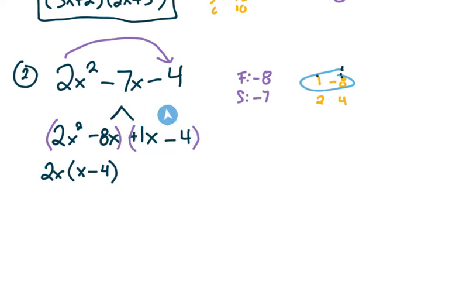Now when I look at my greatest common factor from my second parenthesis, the biggest number that goes into both 1x and 4 is 1. And since the 1x here is positive, I'm going to factor out a positive 1. You're basically going to take the sign of whatever this first one is. If it's positive, you're going to factor out a positive. If it's negative, you're going to factor out a negative.